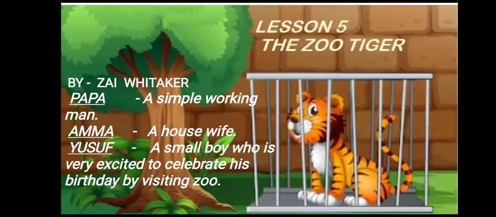But in reality, the tiger was lazy, the tiger was dull, the tiger's eye was swollen, and he was not active at all. So it broke the heart of Yusuf, and Yusuf decided to go back home. So the experience of his birthday, the experience of visiting the zoo was not good for Yusuf.